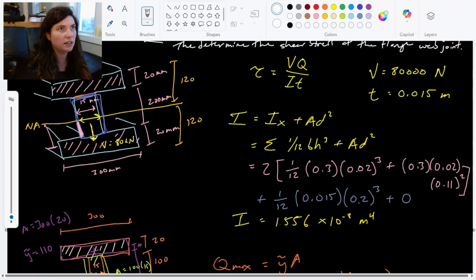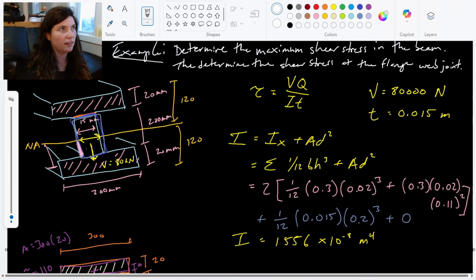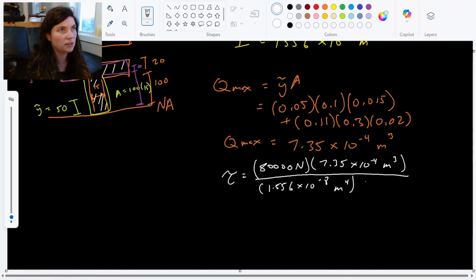And then finally that thickness, again, the thickness there at the neutral axis is 15 millimeters, that's 0.015 meters. And I converted all my units as I went because I wanted everything in the standard unit. If I put everything into newtons and meters, then I know that this is going to work out to be newtons per meter squared, right?